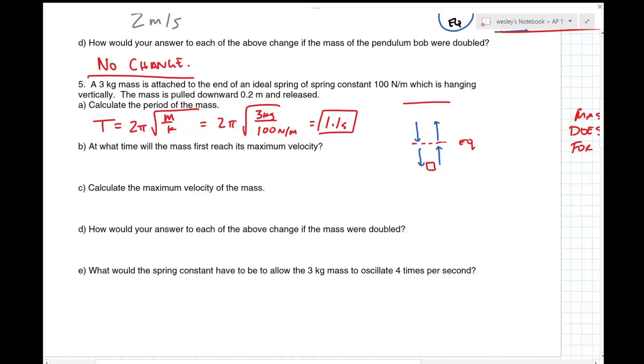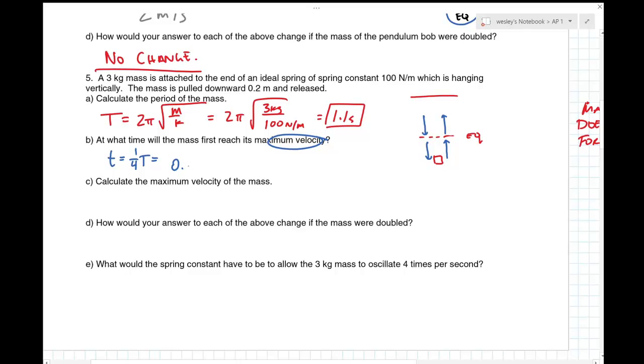All four of those are one oscillation. So maximum velocity, again, is always at equilibrium. That's just 1/4 of my motion. That time is going to be 1/4 of the period, or 1/4 times 1.1 seconds, which comes out to be about 0.275 seconds. That's how long it takes to get to the maximum velocity.